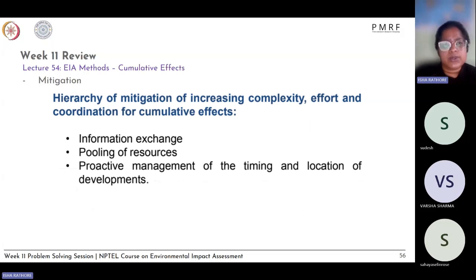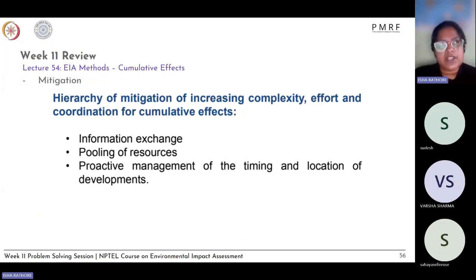Then for hierarchy, we looked up at the hierarchy of mitigation of increasing complexity, effort, and coordination for cumulative effects. So it is important that you have an information exchange, that is, you see if there are other development activities which are happening. What is the scenario?